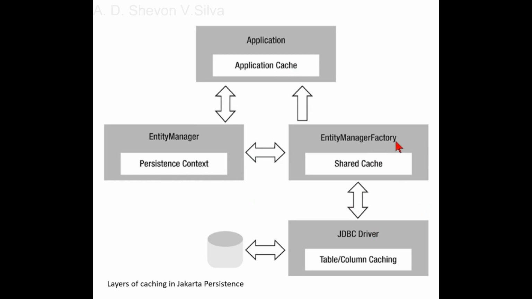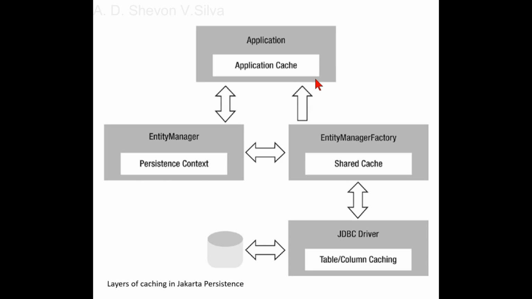The first layer we encounter is actually the application tier. Any application might be written to cache as many entities as it likes, simply by holding on to references to them.